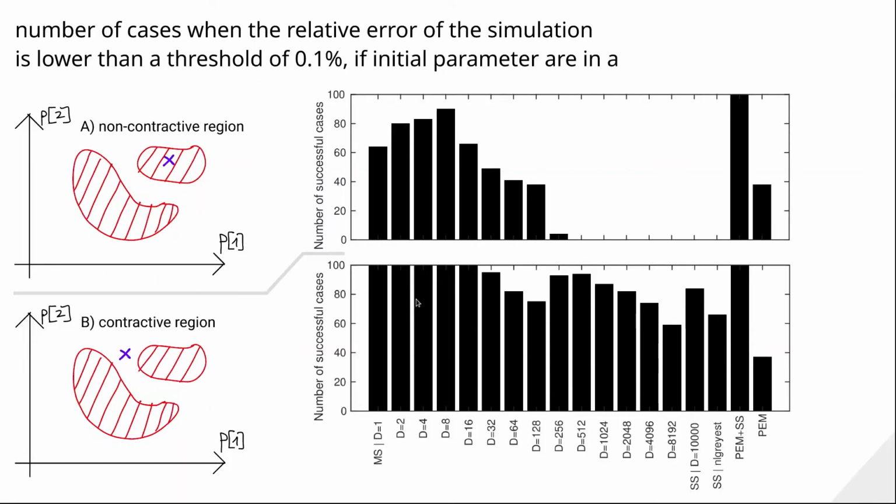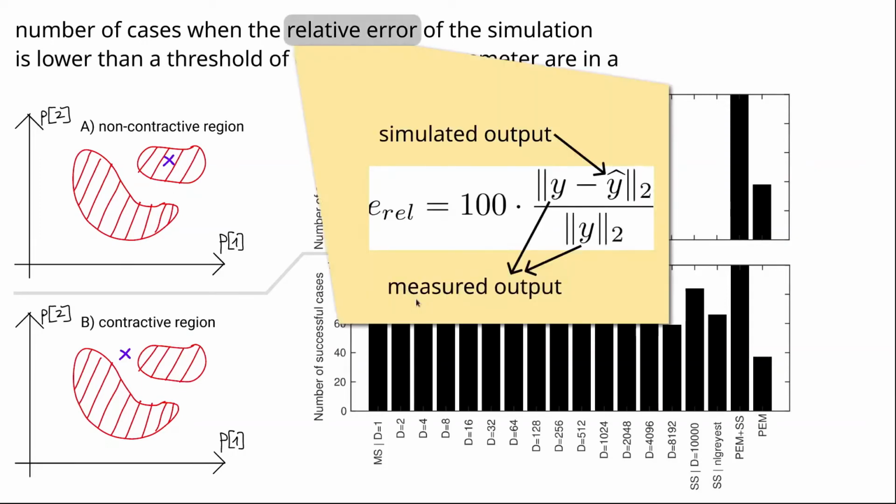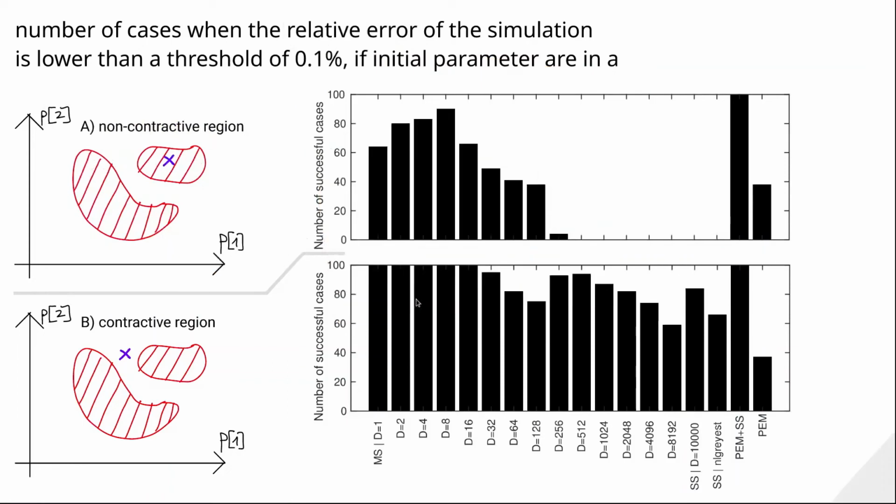One of the ways we have evaluated this is that we checked in how many cases out of the 100 the relative error of the simulation, which is the relative error between the simulated and measured output, for the parameters that we acquired using system identification, is lower than a threshold.